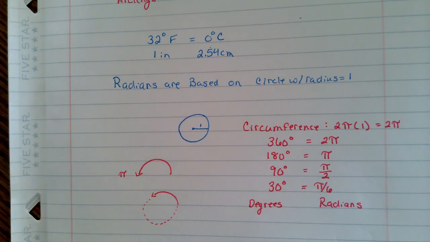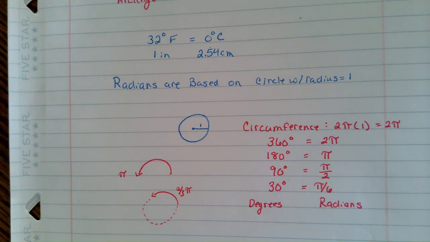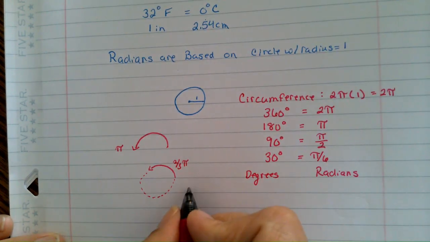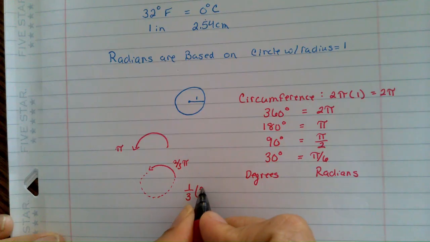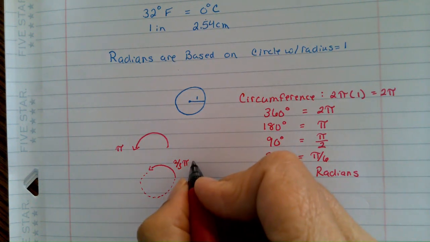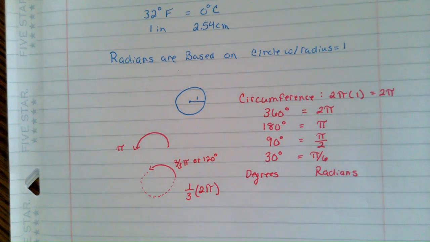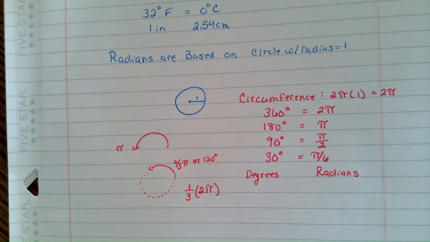You've only run a third of it. Almost a half, not quite. That's 2/3 of a pie. Okay? Because it's 1/3 of the full lap, right? So a third of 360 is 120 degrees. So it's all proportionality. Or we have our scale ratio.